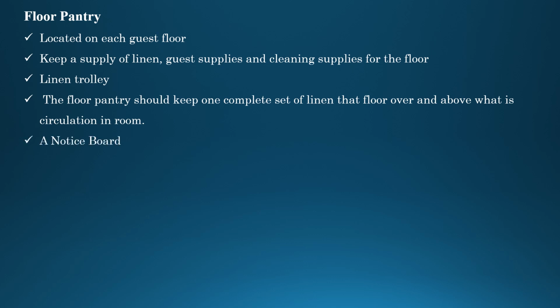In the floor pantry, the following things should be there. A cupboard to store guest supplies, cleaning equipment and cleaning agents. Shelves and racks to store fresh room linen. A linen trolley to store fresh and soiled linen and for transporting and dispatching the same to the linen and uniform room.